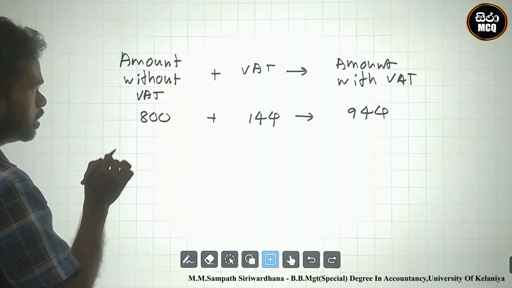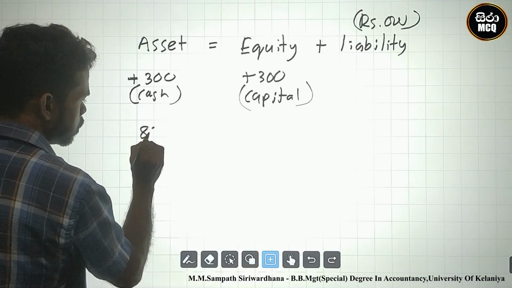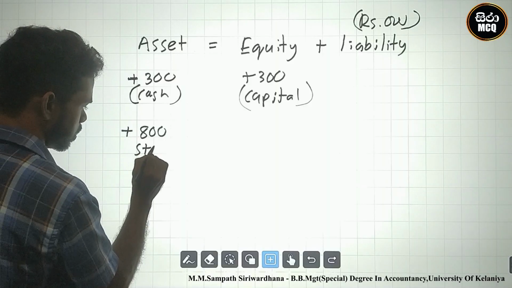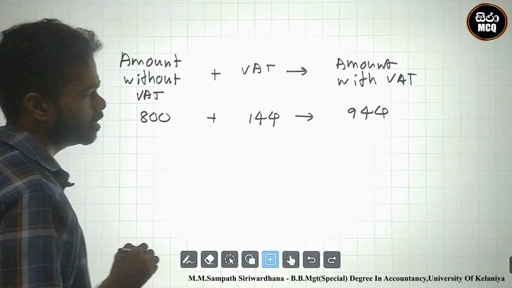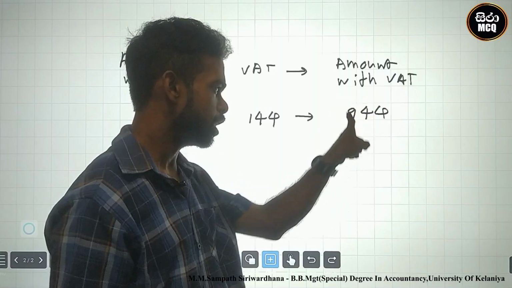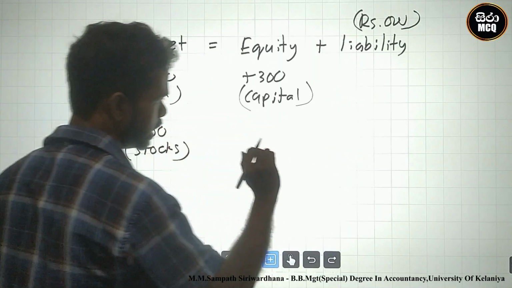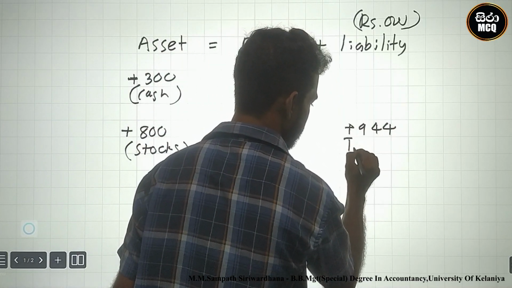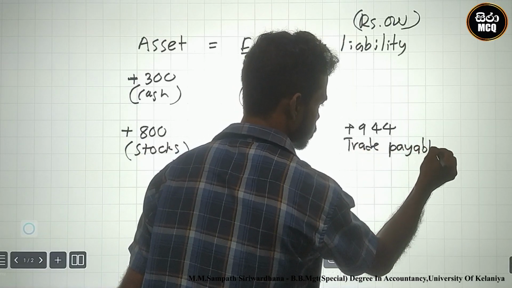At this point, credit purchasing, there is stock of 800 without VAT, plus stocks. The second one is we must pay trade creditors the total with VAT, 944. 944 plus trade payable.